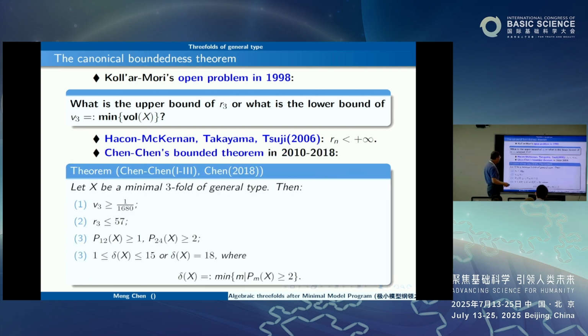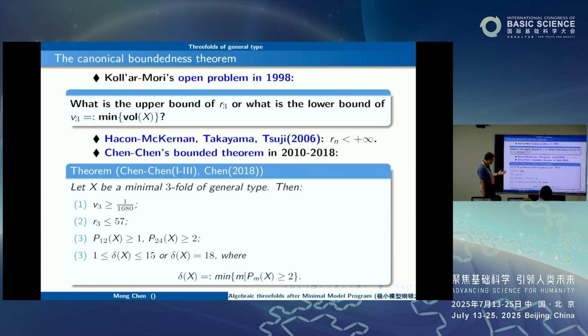In dimension 3, with Meng Chen, we established some theory of weighted basket. So we solved this question. Here is the result. For any minimal threefold of general type, we know that the lower bound of the canonical volume is 1/1680, and the upper bound of the canonical stability index is 57.